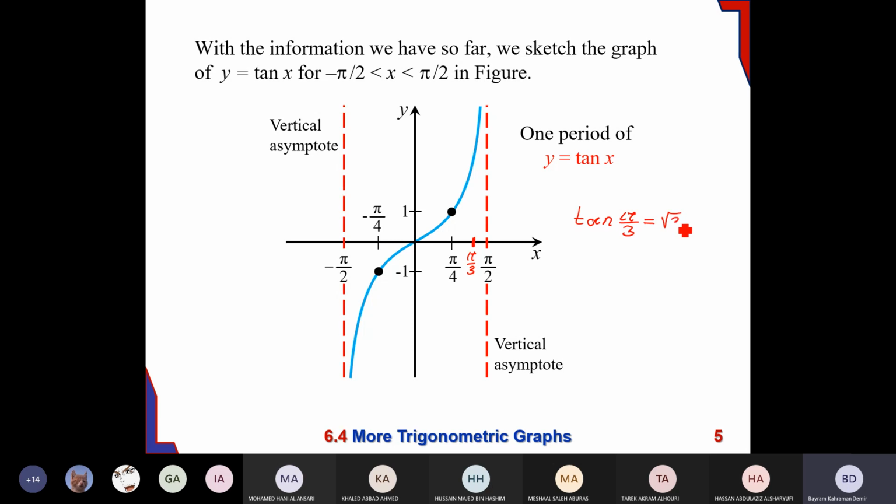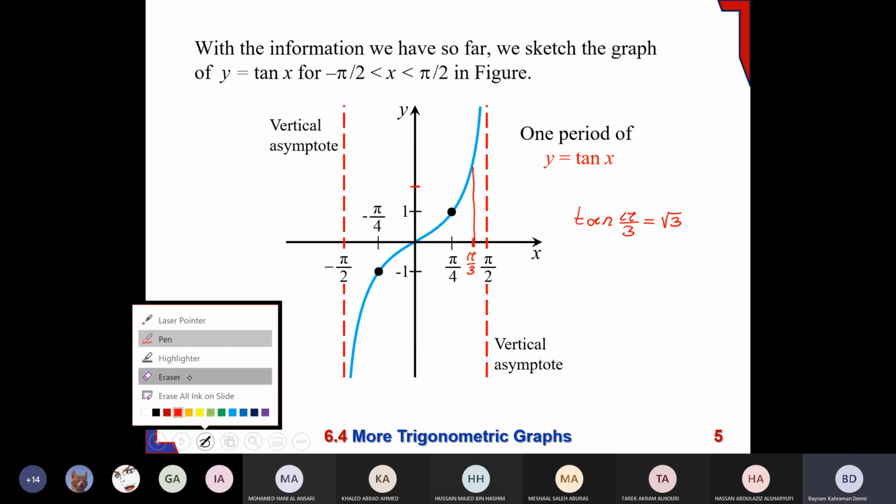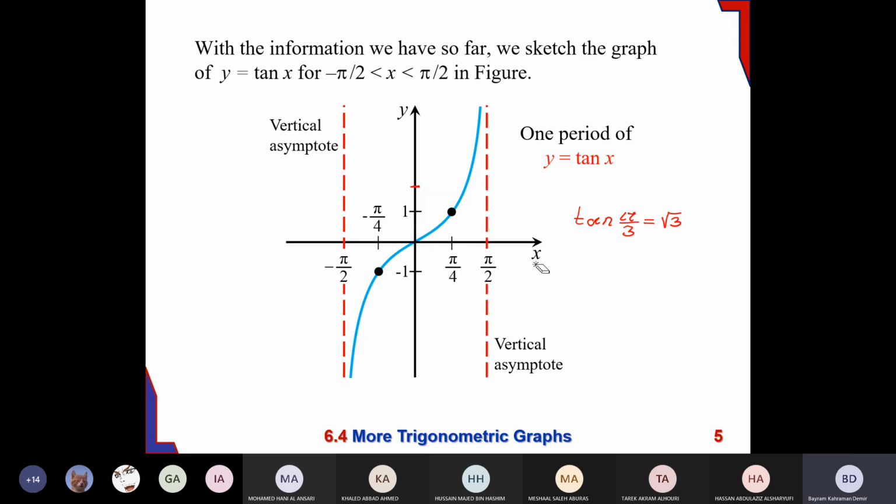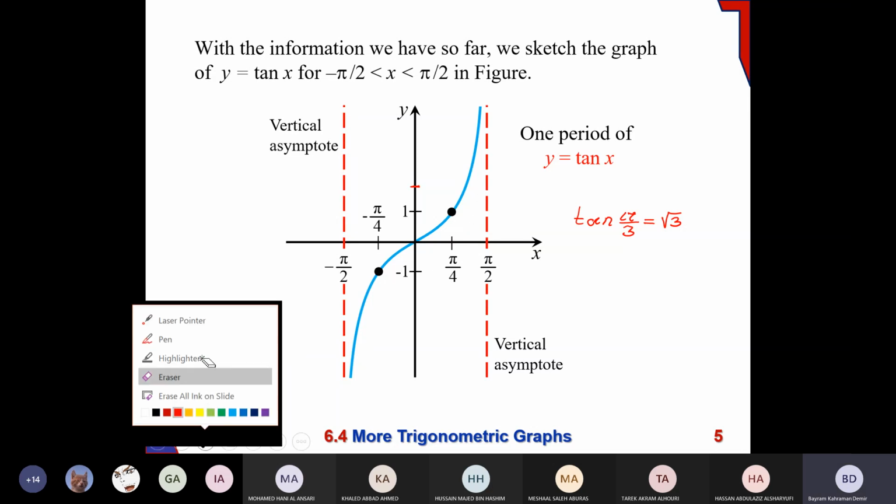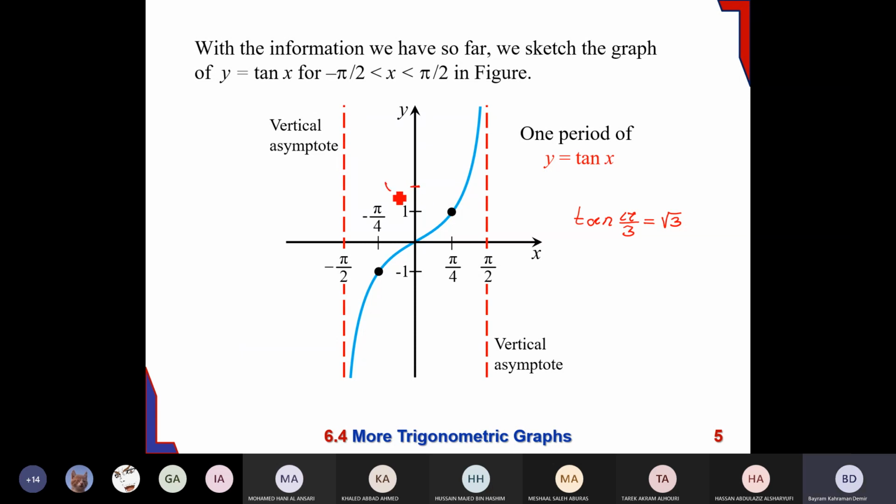So y is equal to root 3, which is greater than 1. So here is root 3, greater than 1, and here is pi over 3.